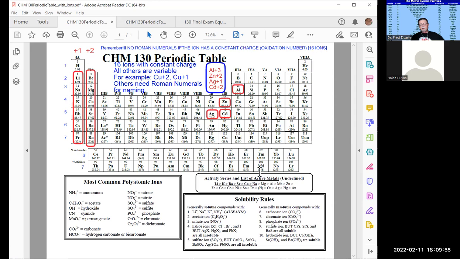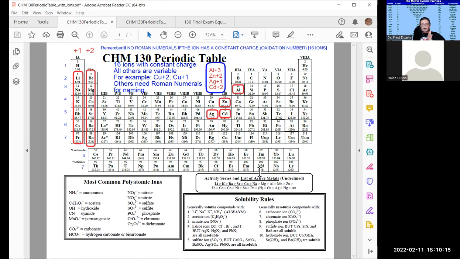Right. Now, everybody in group 1 and 2 will always have a specific charge. Everybody in group 1, excluding hydrogen, notice in that box I did not put hydrogen in there.